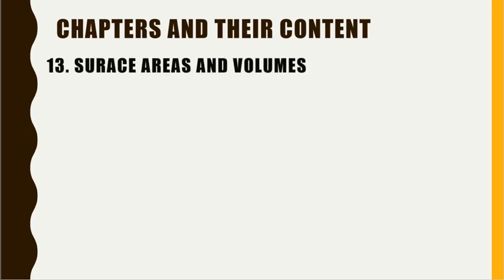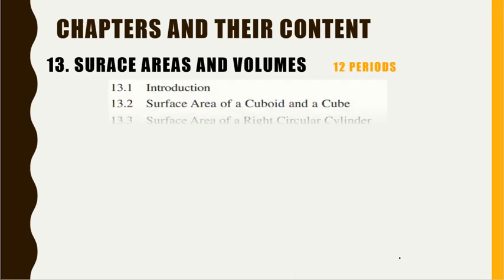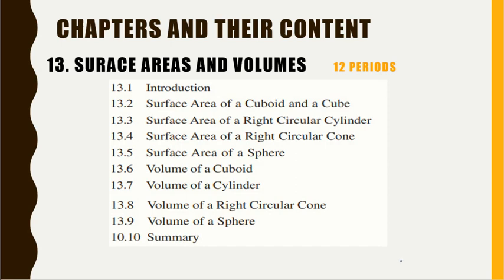Then moving on to the 13th chapter, which is called surface areas and volumes. This chapter is to be taught in 12 regular periods of 40 minutes each, and the subtopics are introduction, surface area of a cuboid and a cube, surface area of a right circular cylinder, surface area of a right circular cone, surface area of a sphere, volume of a cuboid and a cube, volume of a cylinder, volume of a right circular cone and volume of a sphere.